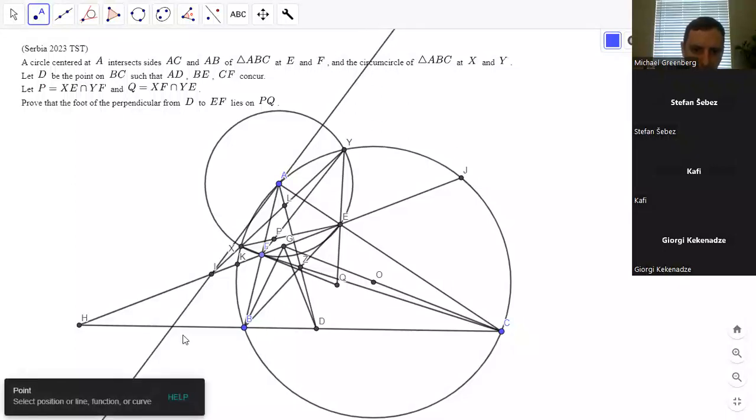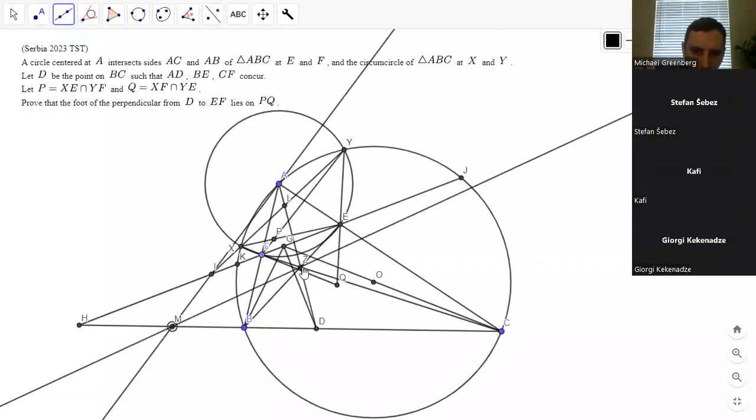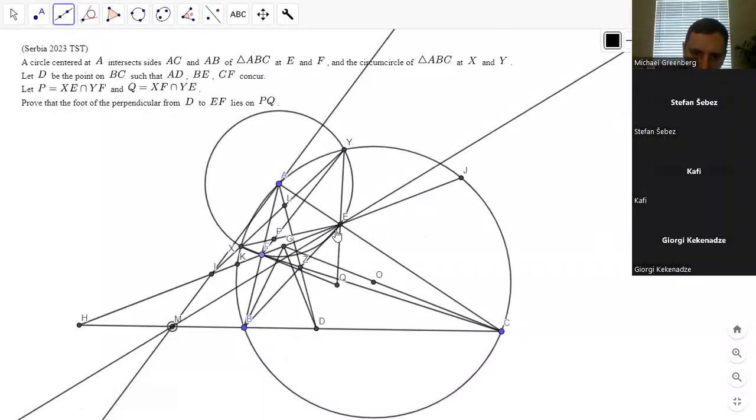Maybe I could project it onto this circle. So yeah, let me see what I could project I, F, G, and E through. Is there anything special about this?